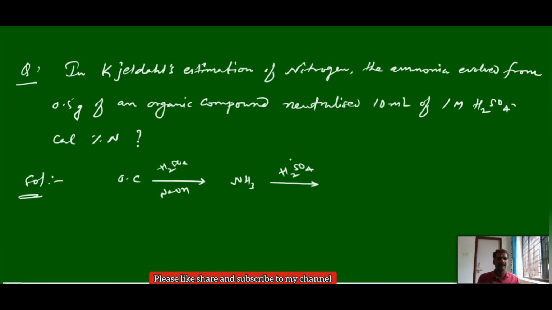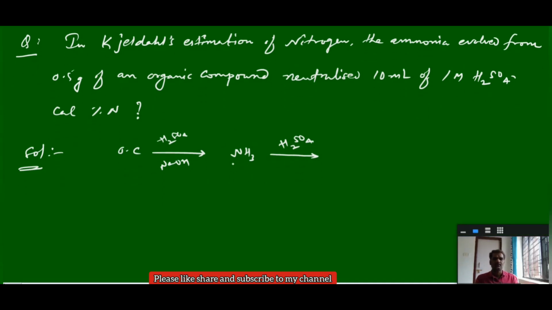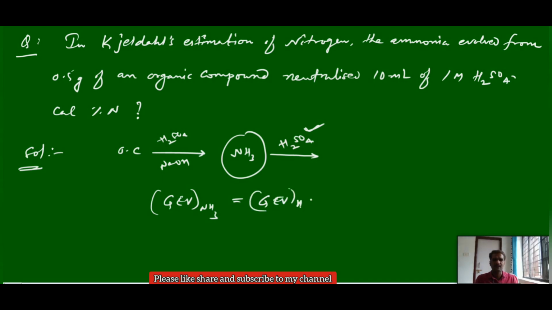According to the law of equivalence, in neutralization reactions, equal amounts of equivalents react. Means here that ammonia is completely neutralized by H2SO4. How much amount? 10 ml of 1 molar. So now we can apply the law of equivalence. According to that, gram equivalents of ammonia should be equal to gram equivalents of sulfuric acid.